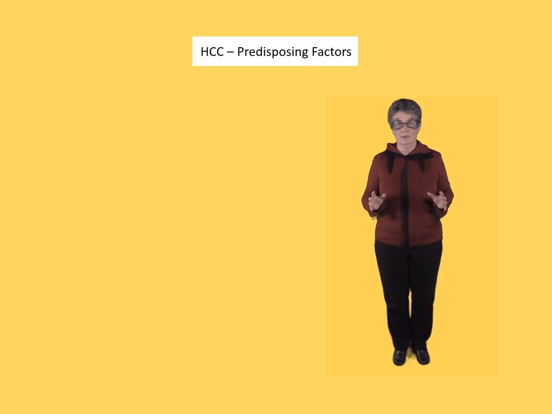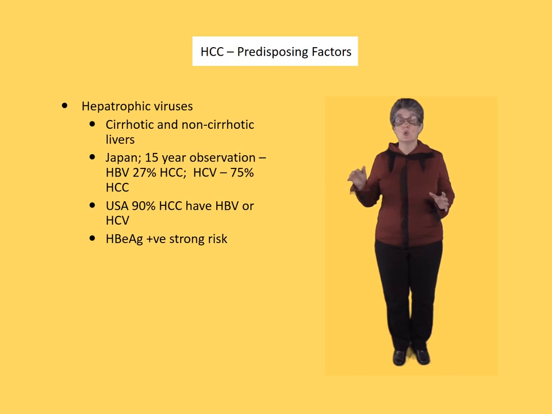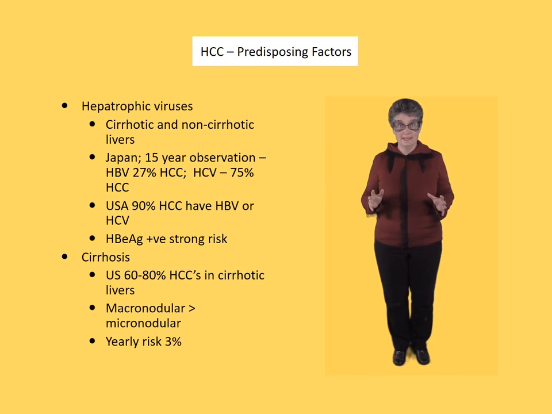Hepatocellular carcinoma has two predisposing factors. As I've mentioned, there are the hepatic viruses, but also cirrhosis independently increases the risk of hepatocellular carcinoma. Viruses will cause hepatocellular carcinoma in both cirrhotic and non-cirrhotic livers.